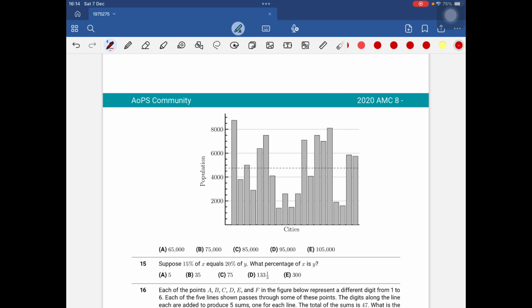So average means when we have different values of data, like for example 2, 3, 4, and we say the average is 3. It means it actually has the same total value.